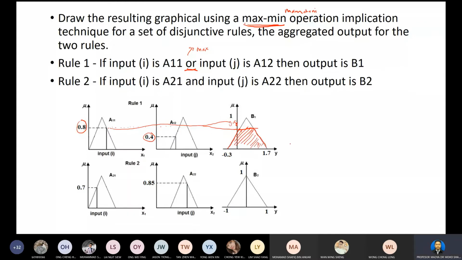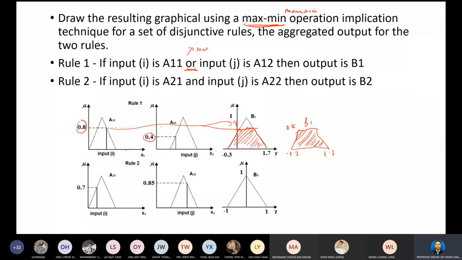Maybe I draw it like this: this one is negative 0.3, this one 1.7, and this one is 0.8. This is our output B1.